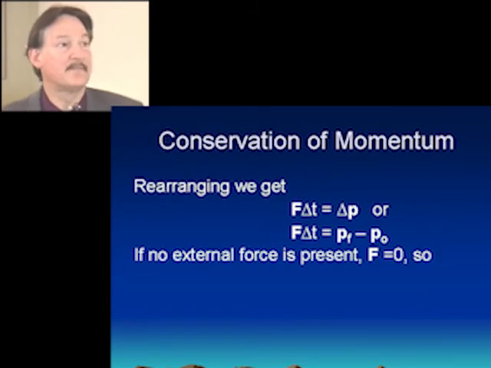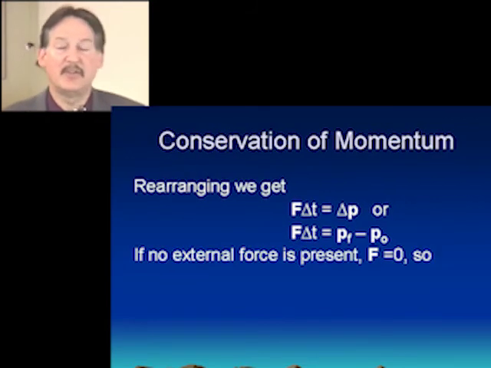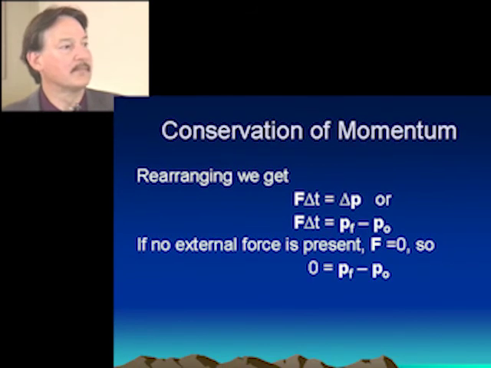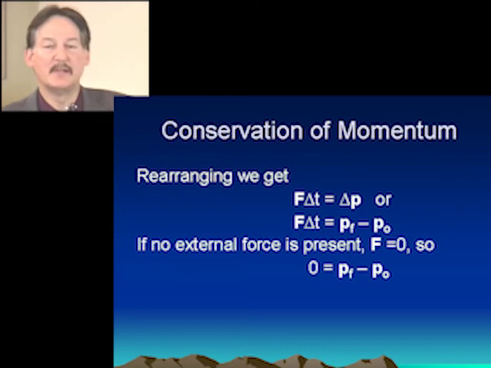In that case, we'd see that the left-hand side is 0, and then 0 is the difference between the final and initial momentum, which means that the momentum itself has not changed. Which means that the final momentum and the initial momentum are the same for this object.